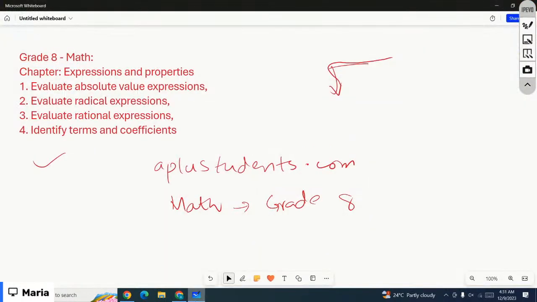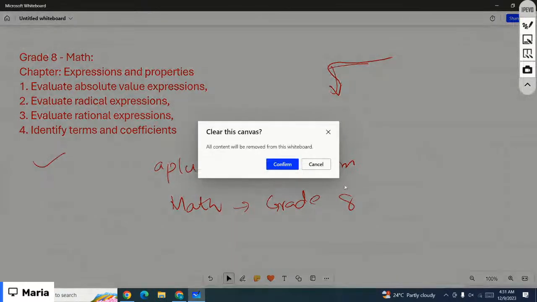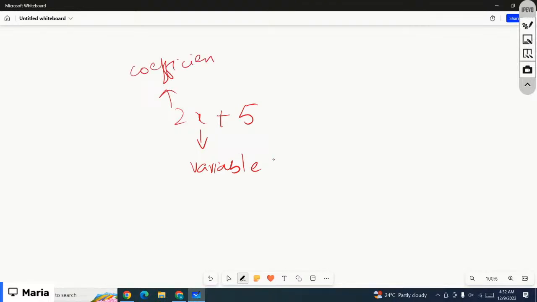For example, you have 2x plus 5, right? x is the variable. 2 is the coefficient of the variable x, right?